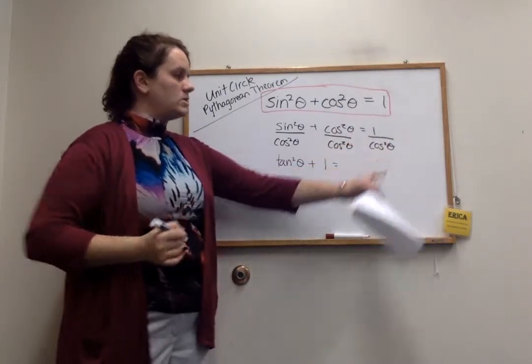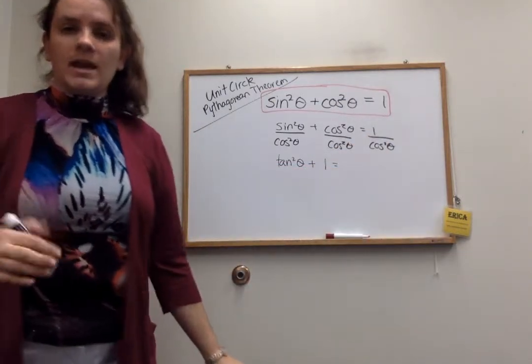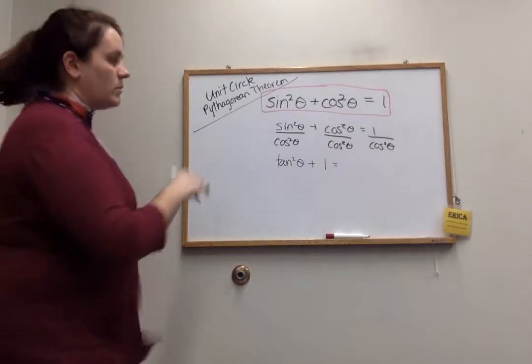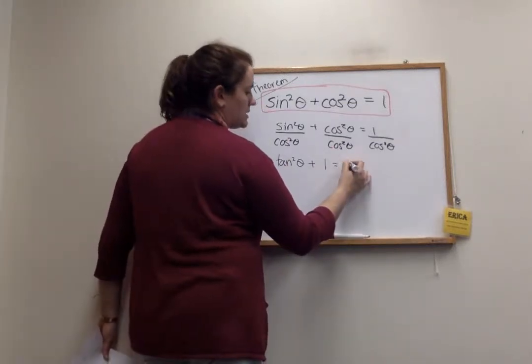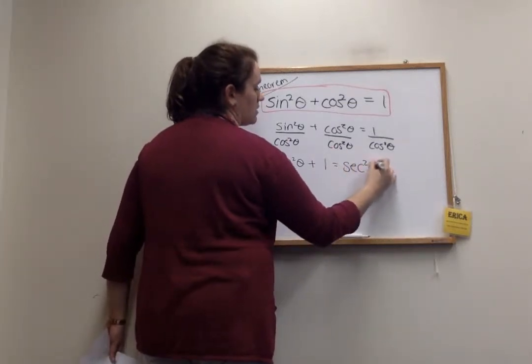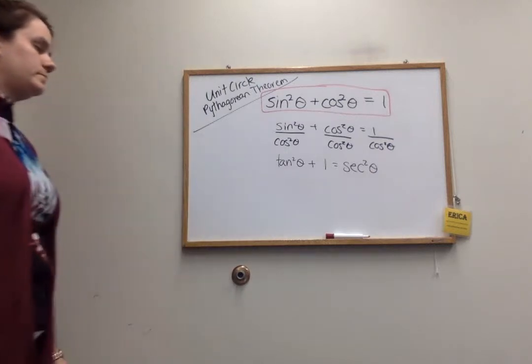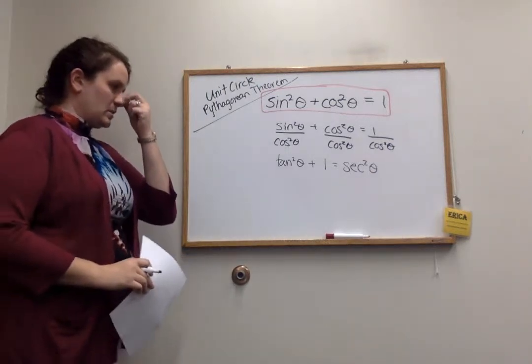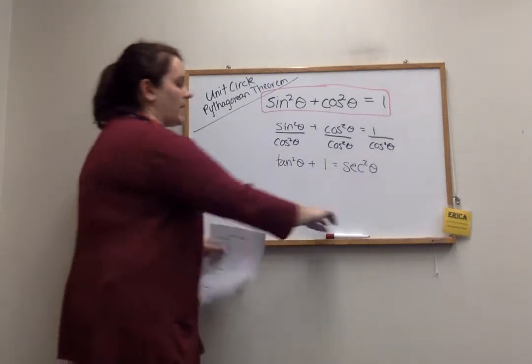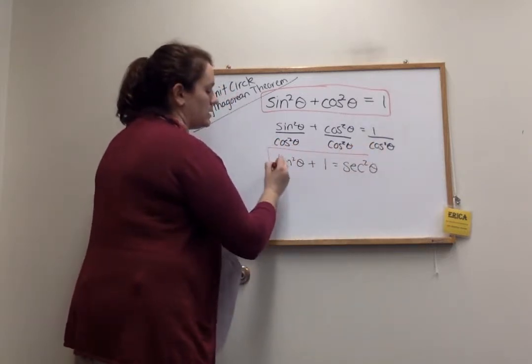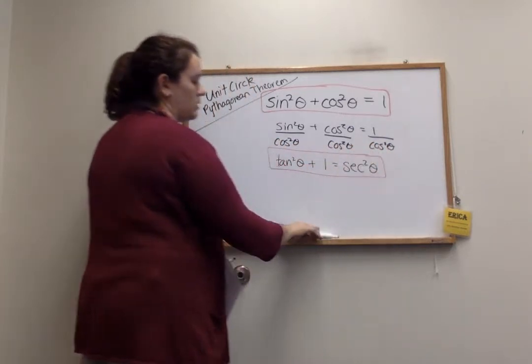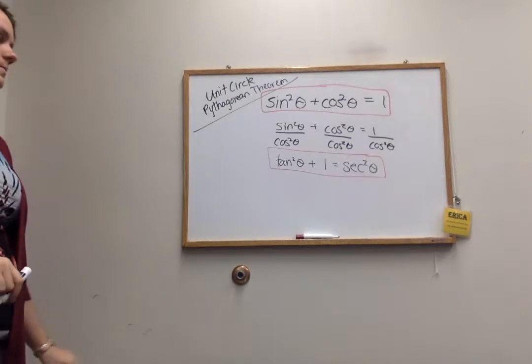And 1 over cosine, that's one of our reciprocal identities. Okay? 1 over cosine is secant squared. So this is another Pythagorean identity. Tangent squared plus 1 equals secant squared.